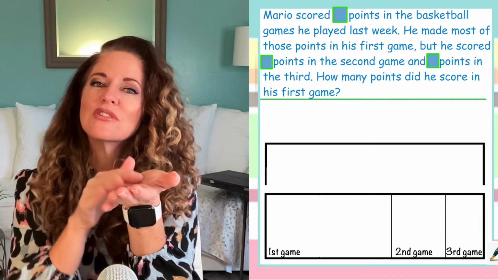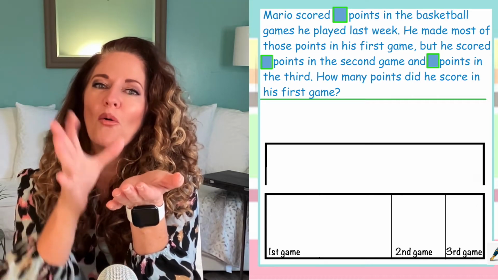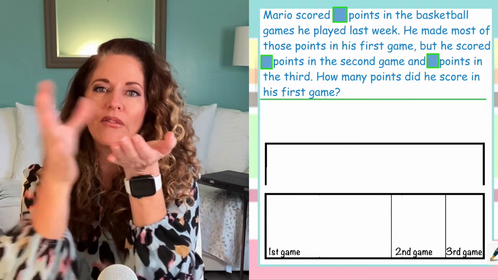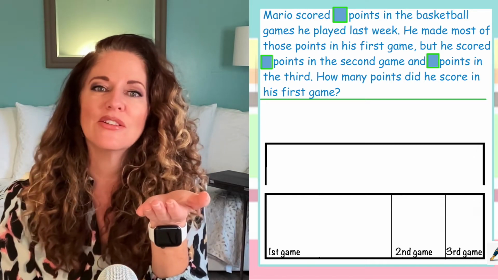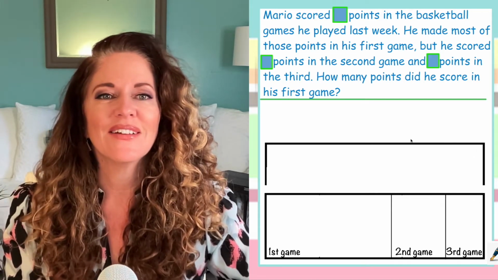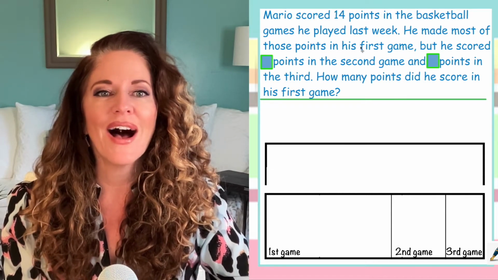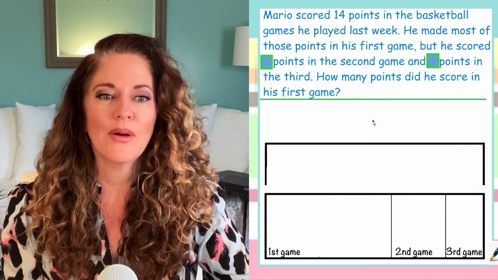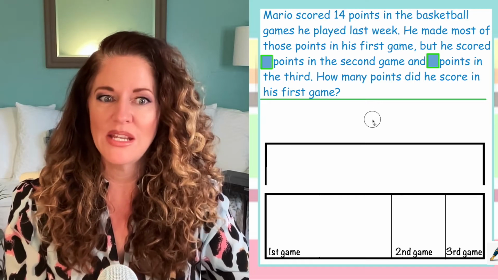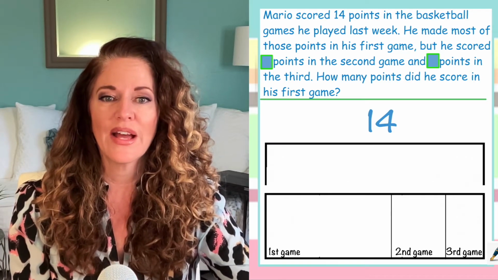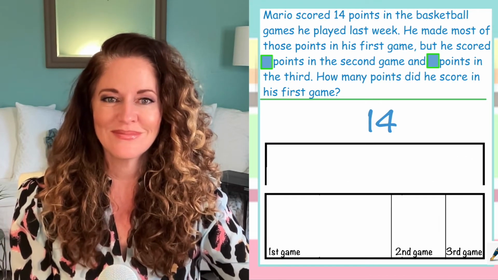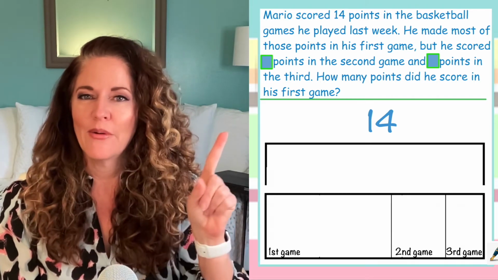So that first number is our whole because we are sorting all of the points he made from each of those games. So let's take a look. What are we going to write in our whole? We've got 14 points. So everybody put your 14 in your whole, just like I did. We're going to baby step our equation in just a moment.